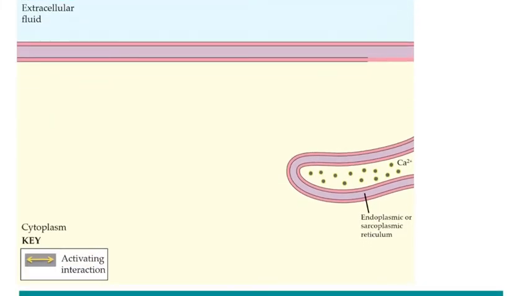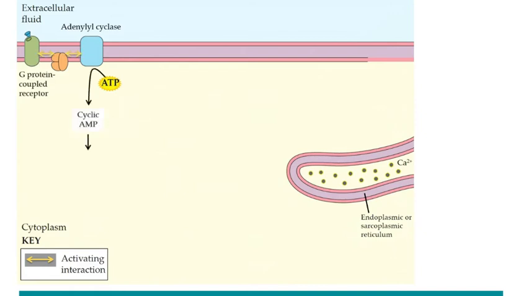So we can have different kinds of ways. We have these G proteins that are affecting to produce a cyclic AMP, and then we have different kinases that are regulated, and then we have phosphorylation of different proteins.